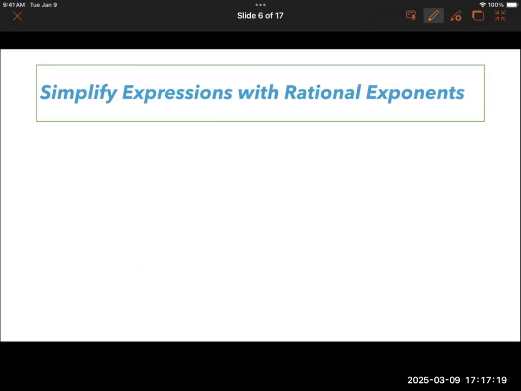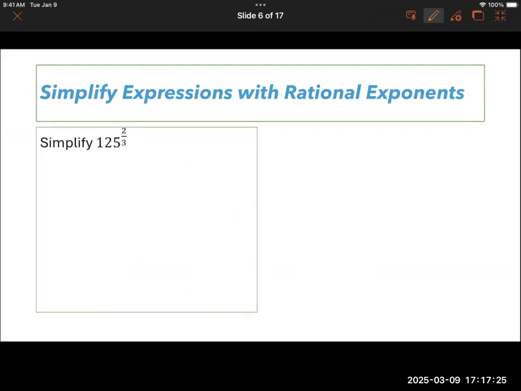Okay. So if we're going to simplify expressions with rational exponents, if I'm taking 125 to the 2/3 power, I am saying that's the same as taking 125, taking the cube root of it, because this is the root, and then we're going to square that.